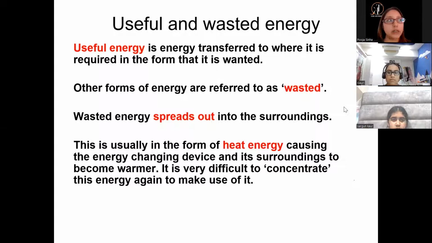Okay, I want to utilize all my energy in running. ठीक है, तो जितनी मेरी एनर्जी रनिंग के लिए हो रही है, मान लेते हैं I'm running on a treadmill. ठीक है, तो वो मेरे लिए यूजफुल एनर्जी जो मुझे हेल्प कर रहा है भागने में. बट क्या हो रहा है कि आज it is very windy and I'm trying to run on a rocky mountain. ठीक है, compared to treadmill से हट गई मैं. I'm not on the treadmill anymore. Now I'm trying to run on a rocky mountain and it is very windy. सरगुन क्या होगा?